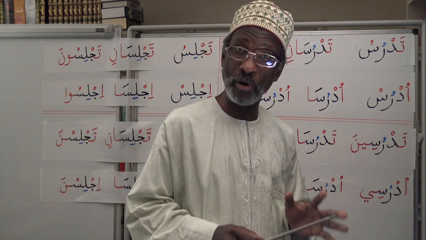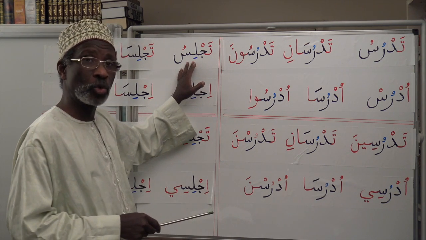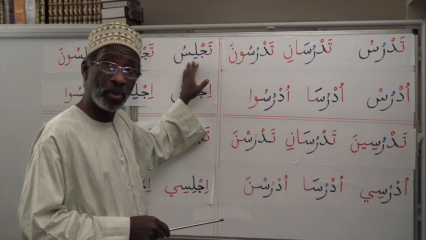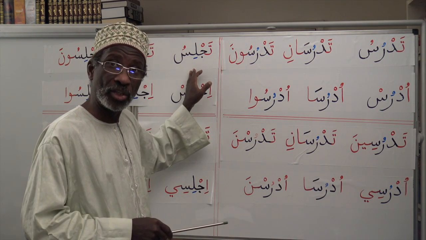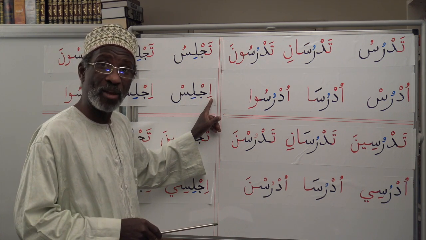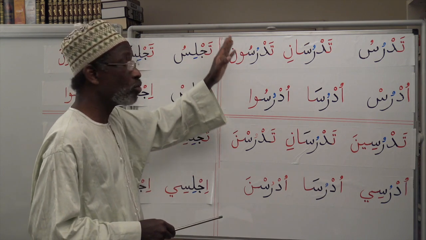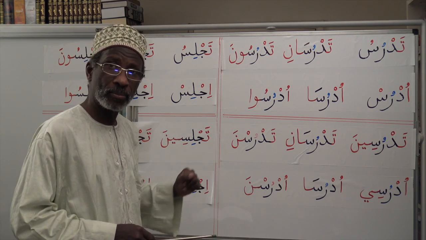Because there are some categories of verbs where the second root letter carries dhamma in the present tense, and others carry kasra or fatha. Here we have tajlisu. This category of verb carries kasra on the second root in the present tense. If that's the case, you use kasra under the alif of imperative, having removed the prefix from the present tense.